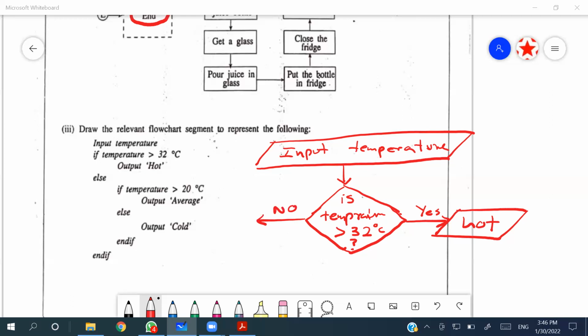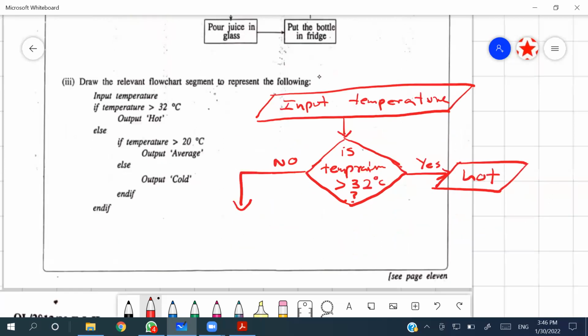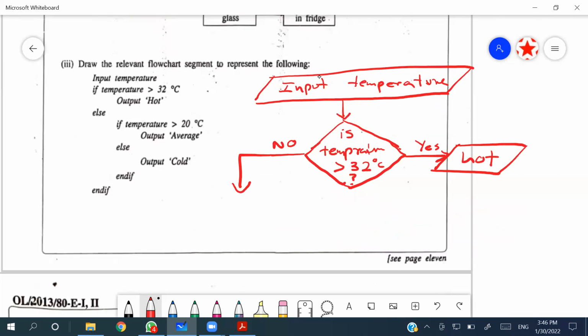So in the else part, they are finding another condition. So that means on the no part, they have to draw another diamond shape. And the question that you are going to ask is, temperature larger than 20 Celsius?